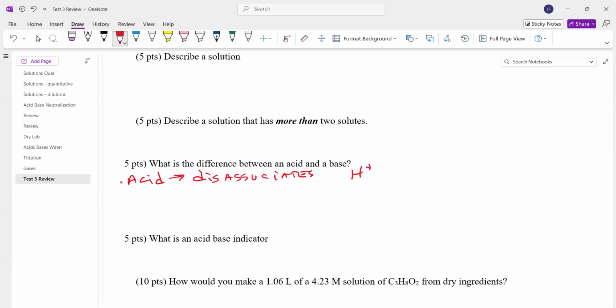This is the most common one, though. This is the one you'll run into most of the time when they talk about acids. It disassociates an H plus ion. A base disassociates an OH minus. Now the 2 marks means ditto. I got a lot of questions from people who don't know what this means. Instead of writing out disassociates, just put the ditto marks. Think of it as an arrow up.